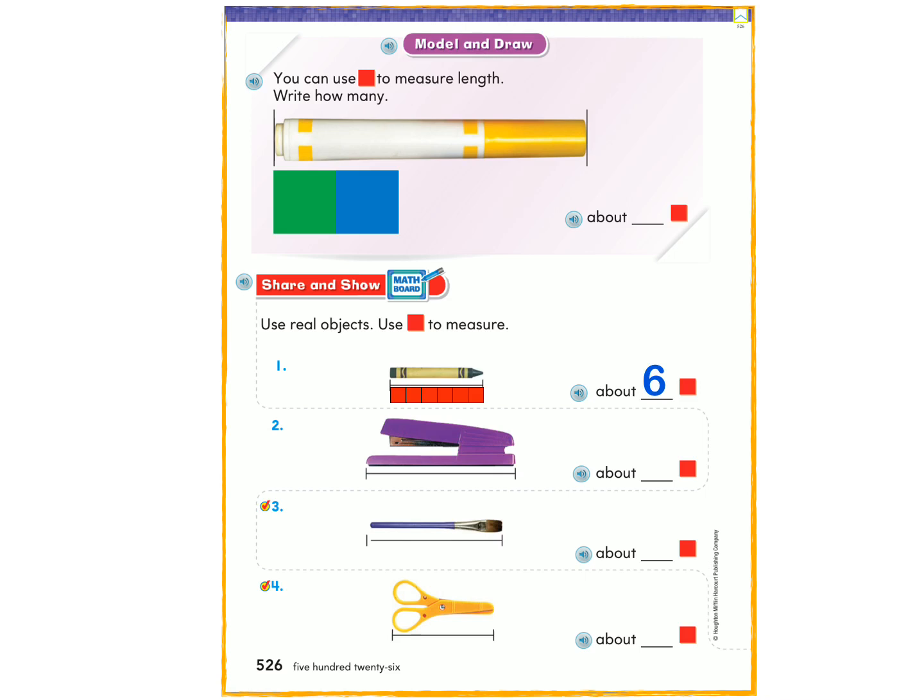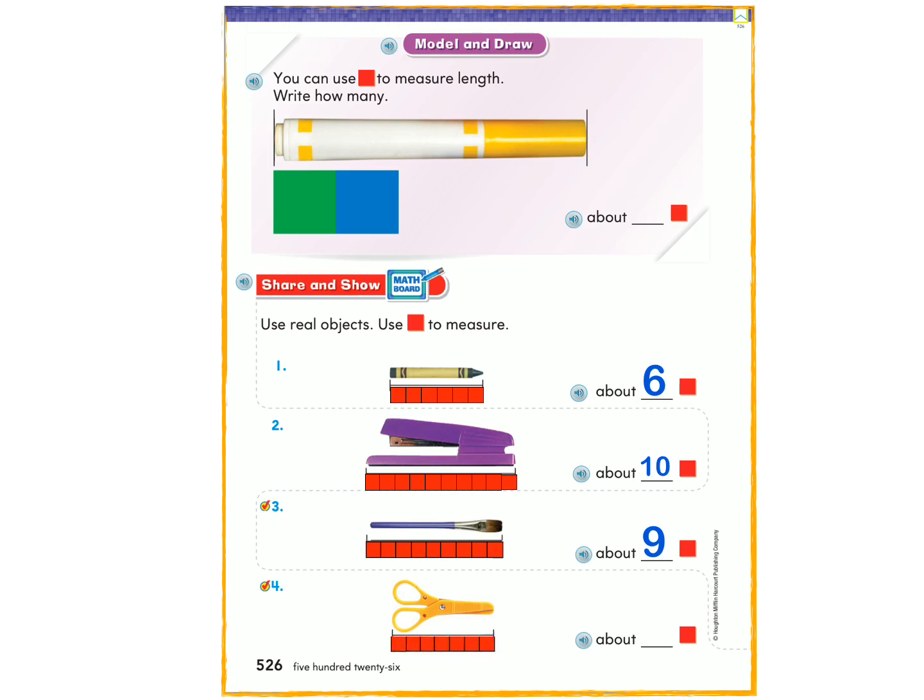The stapler is 1, 2, 3, 4, 5, 6, 7, 8, 9, 10. So it's also about 10 blocks. The brush, I will put also the cubes and they show me about 9 blocks. And last, the scissor is about 7.